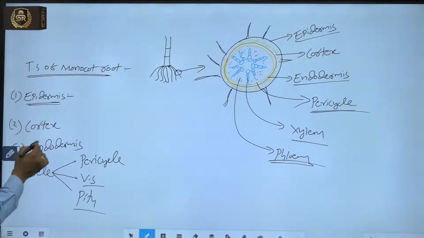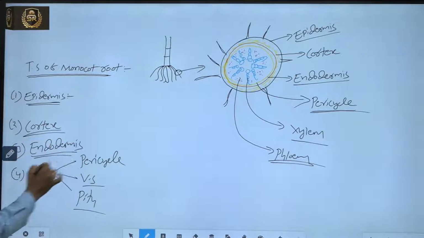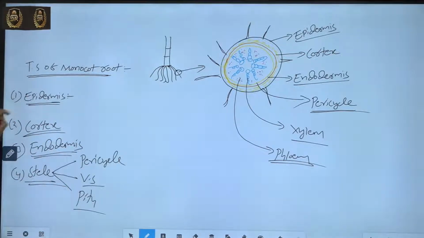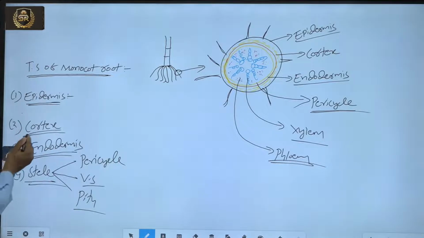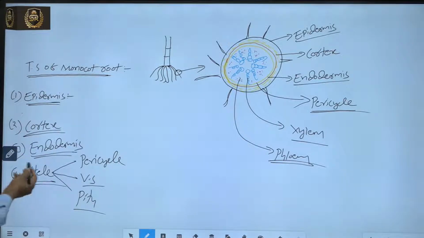These are the parts present in the transverse section of monocot root: epidermis, cortex, endodermis, and stele. Stele is divided into pericycle, vascular bundle, and pith part.